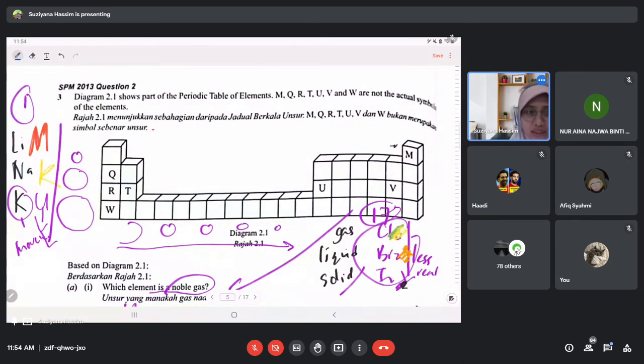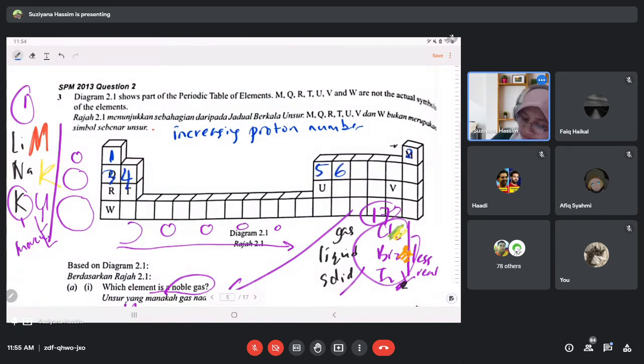Okay, if you don't know how to write the electron arrangement, just very simple. The periodic table is arranged by increasing proton number. How are the elements arranged in the periodic table? Increasing proton number. Okay, so 1, 2, 3, 4, 5, 6, 7, 8, 9, 10, 11, 12.